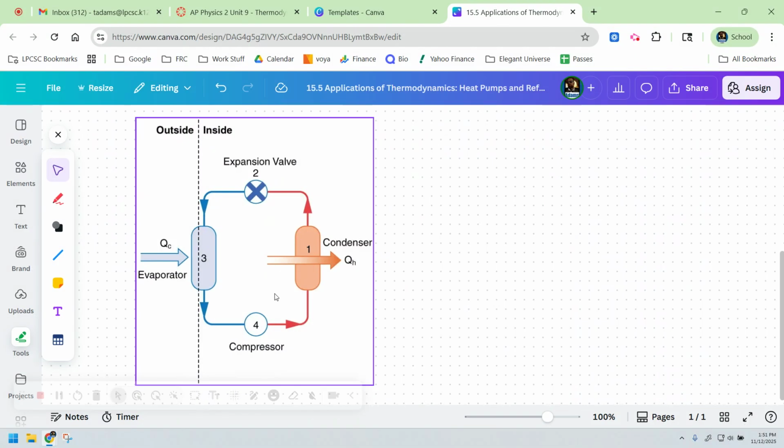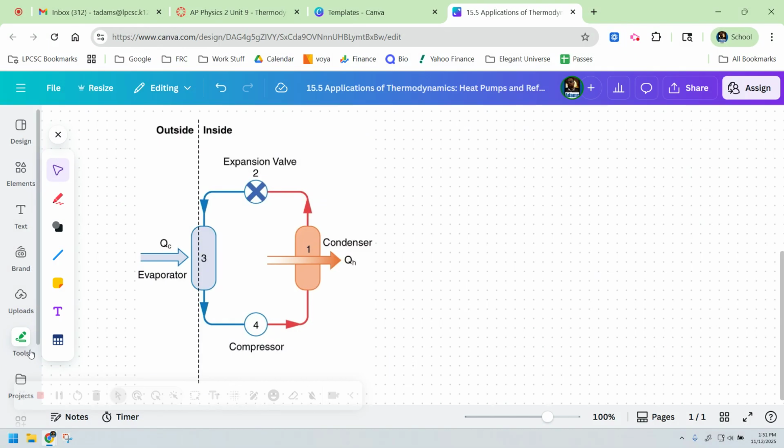The second part is the expansion valve. That's this part here. And the third part is the evaporator, because when you cool off air, the moisture trapped between the air molecules, the water molecules, falls out. The air can absorb more water when it's hotter, but when you cool it off, that water falls out of the air. And then lastly, you have number four, which is the compressor.